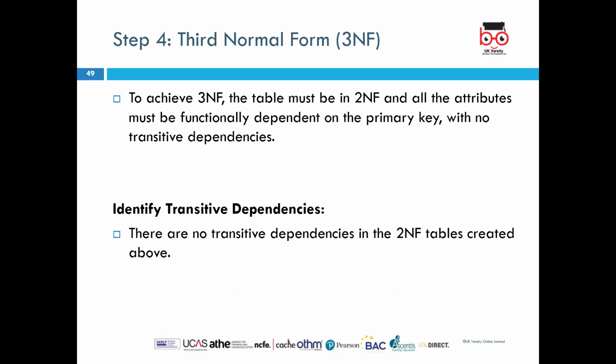Step 4, we now have our third normal form. So to achieve third normal form, we must be in our second normal form, and all the attributes must be functionally dependent on the primary key with no transitive dependencies.